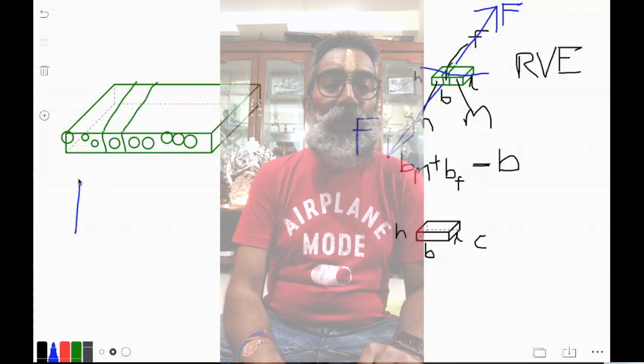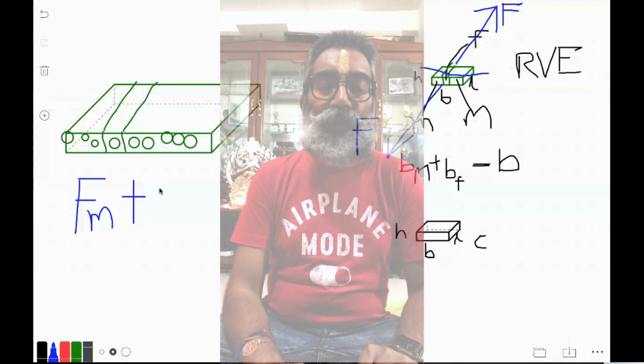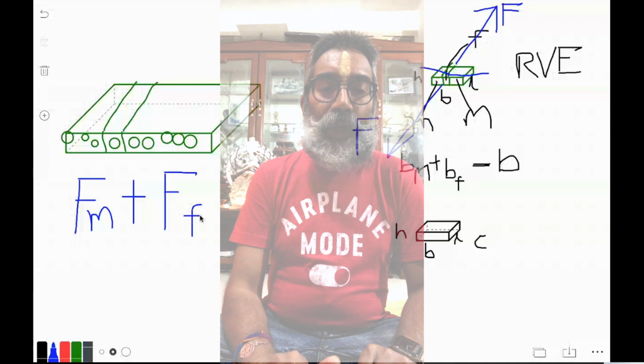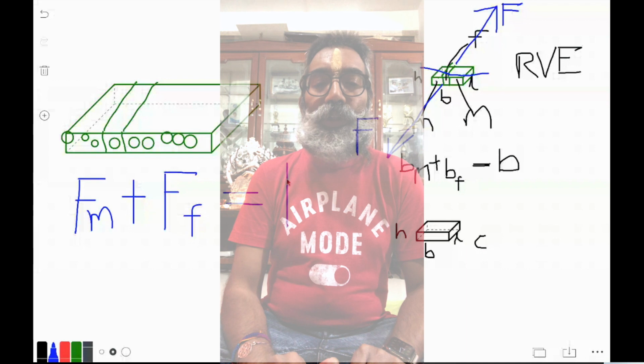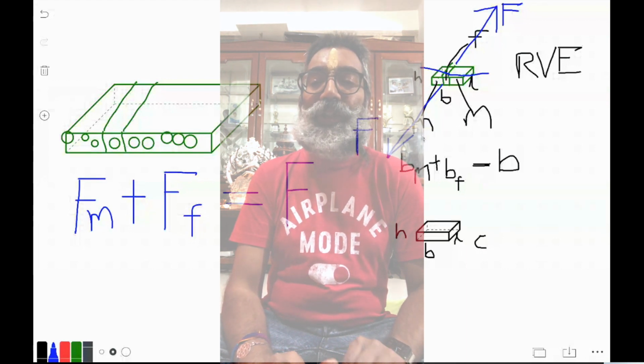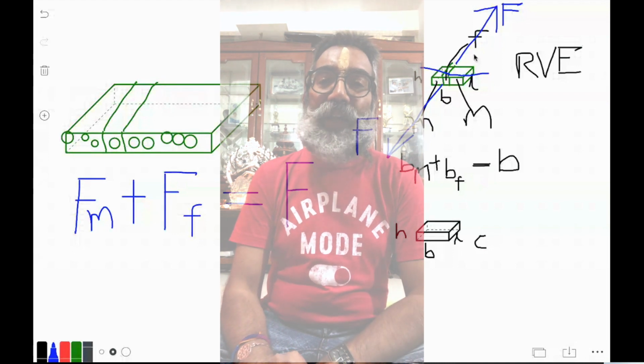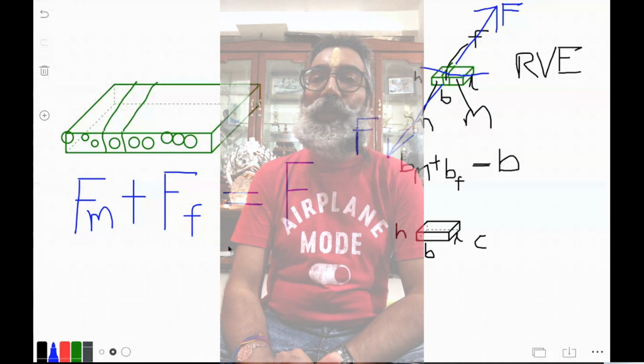So let's call the force which is carried by the matrix Fm, and the force which is carried by the fiber Ff, and this sum of the force should be equal to the actual applied force, because there's no other material which is taking that, and this is because of the direction in which this is applied and the fiber being parallel to that particular direction. So this is very easy to see.